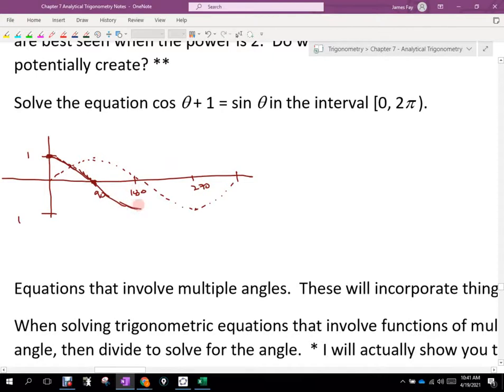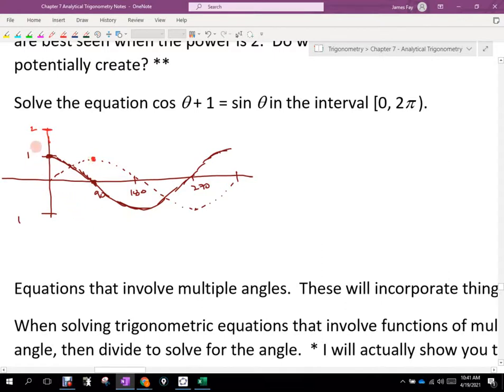Get down to our minimum, and then we'll pass up through there and finish at our maximum. Okay, but cosine plus 1 would actually take this thing and make this point go up here to 2, right? And make this point here at 90 go up to right there.